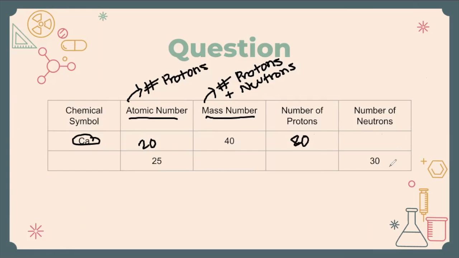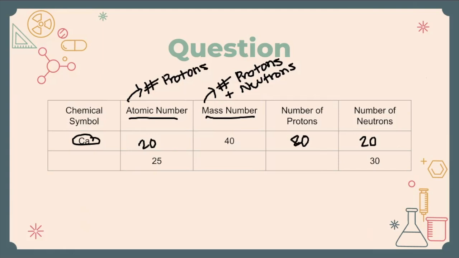And we see that our mass number is 40. So if we have 20 protons and the mass number is protons plus neutrons, the number of neutrons that we have would also have to be 20.